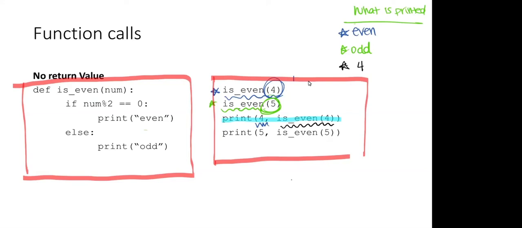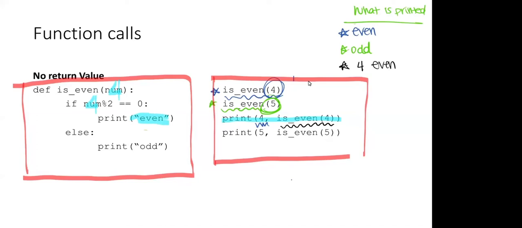So before it prints out is even 4, it has to figure out what to compute for is even 4. So is even 4, we pass in the number 4. That is our input, and that replaces all occurrences of num. So 4 modulus 2 equals 0. It says to print even. This is a true statement, so it prints even.